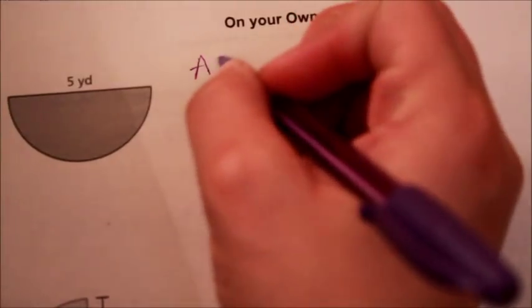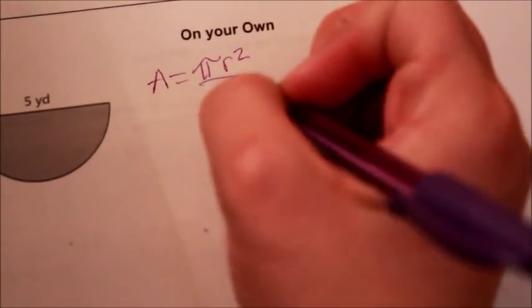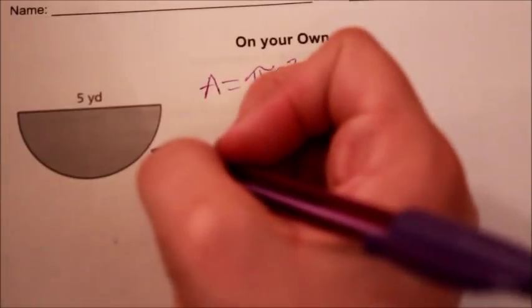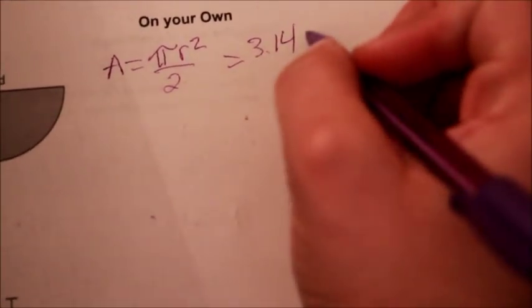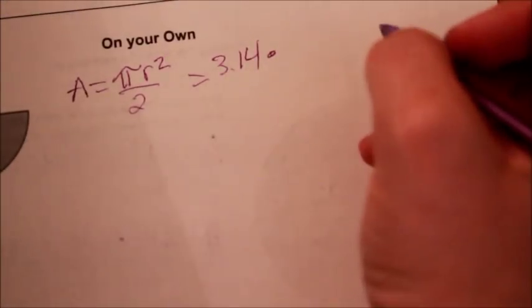Now the next page was our 2 examples, and the last page was on your own problems. This one right here, we have 5 yards. So you have A equals pi r squared divided by 2 because we have a semicircle. This goes to 3.14 times r squared.